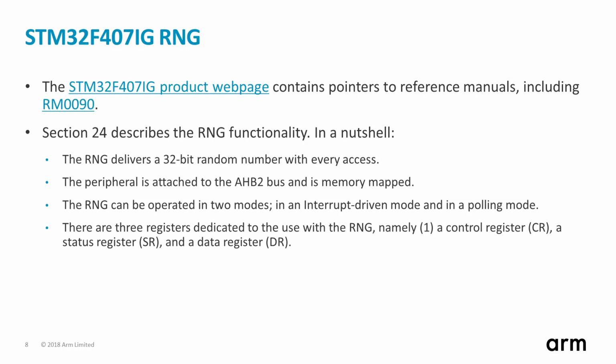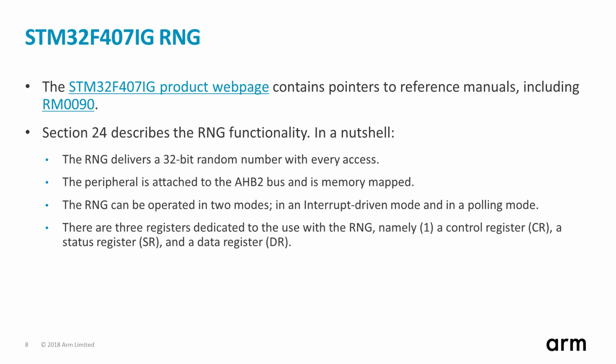The RNG of this MCU delivers a 32-bit random number with every access. The peripheral is attached to the AHB2 bus and is memory mapped. Memory mapping peripherals is a very common technique in the ARM architecture, so that shouldn't be a surprise.